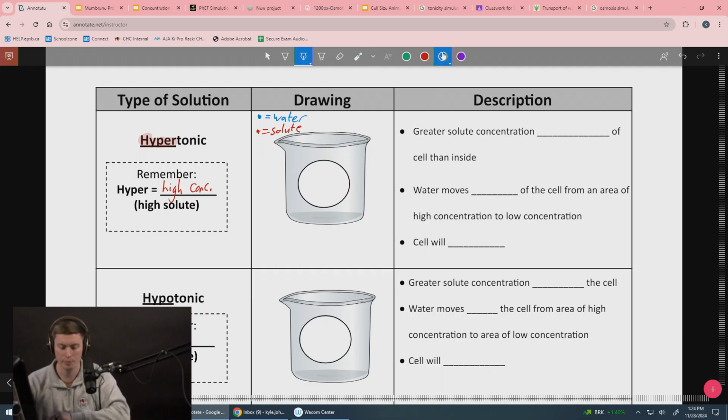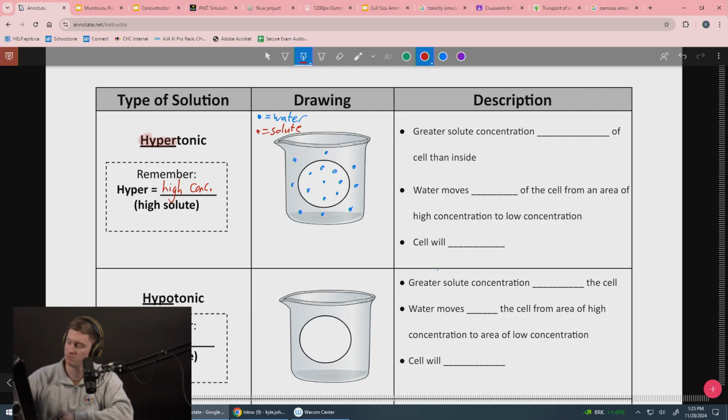I'm going to start by putting water molecules. I'm going to put 8 water molecules outside the cell, and I'm going to put 8 water molecules inside the cell. Then I'm going to put some solute molecules. If this is a hypertonic solution, that means that I have a greater concentration in the solution outside the cell.